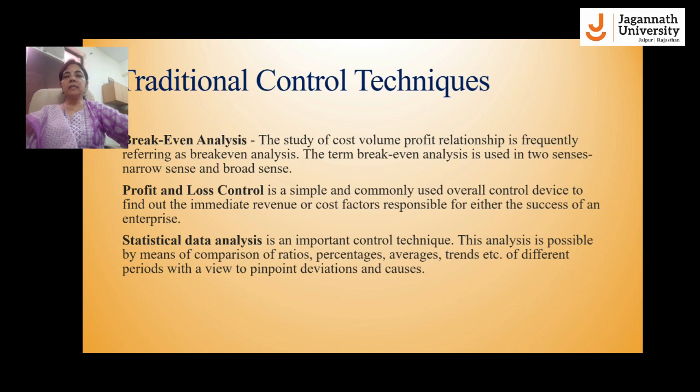Then break-even analysis. Most of us know that the study of cost, volume and profit relationship is frequently referred to as break-even analysis, and this term is used in two senses: narrow sense and broad sense. The detailing of these control techniques can be discussed in other subjects, such as production planning and control.